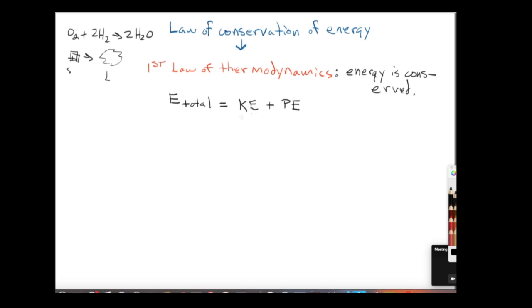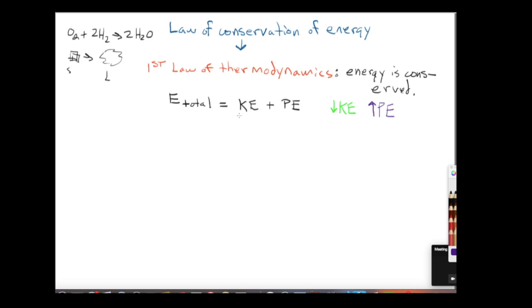To give you an example, if in a process the kinetic energy is going down, then there has to be an adjustment somewhere in the potential energy. If the kinetic energy of something is going down, the potential energy is going to have to go up somewhere else.